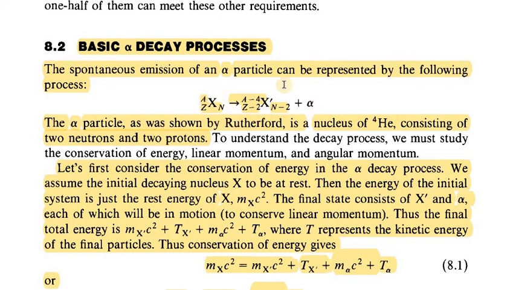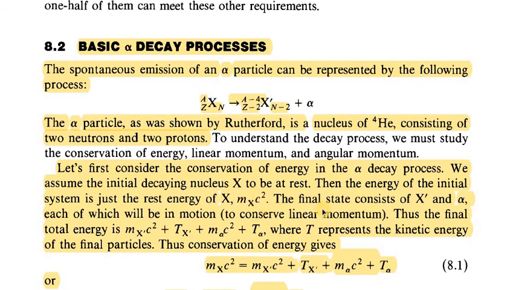So this is the alpha decay process. Let us first consider the conservation of energy in the alpha decay process. We assume the initial decaying nucleus X to be at rest. Then the energy of the initial system is just the rest energy of X, m_X c square. This is the rest energy of the initial nucleus.